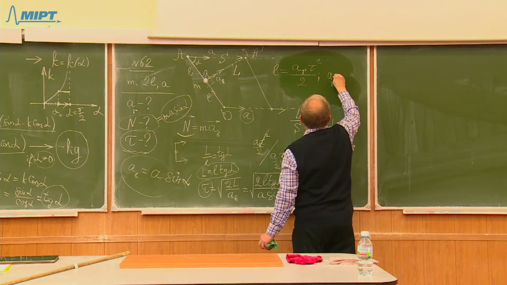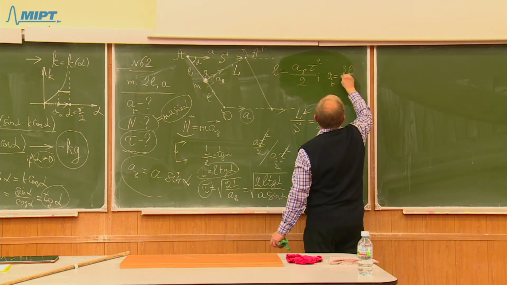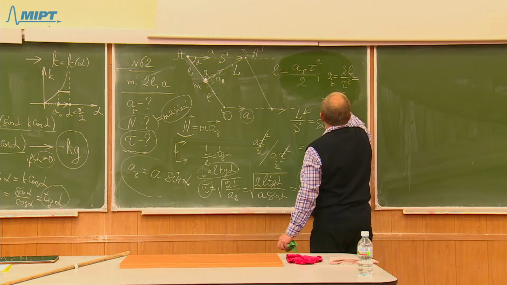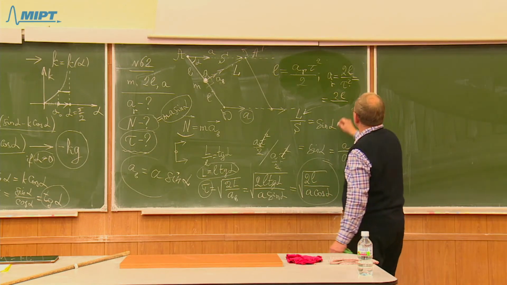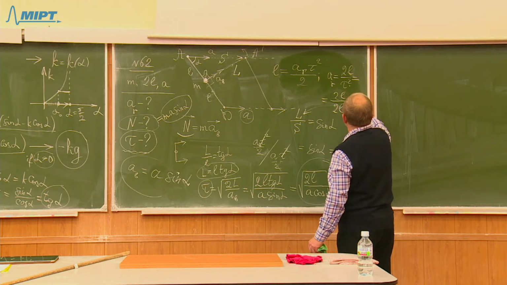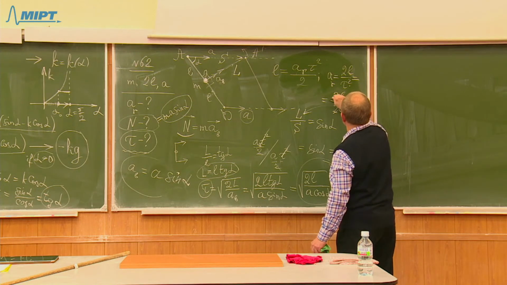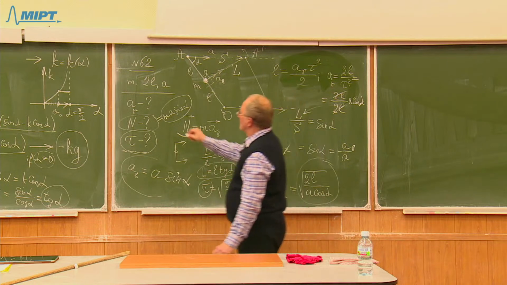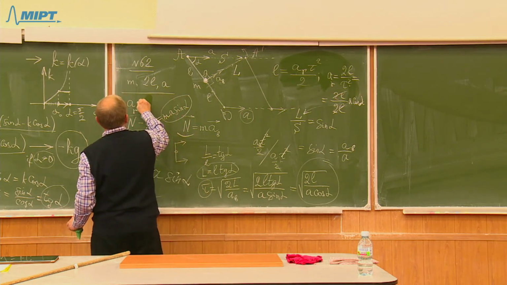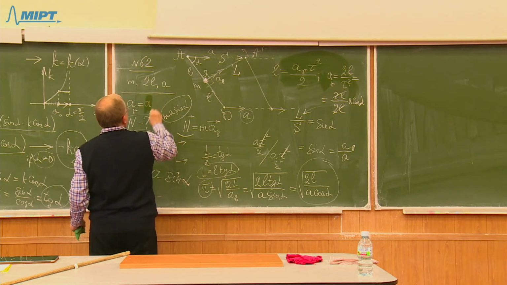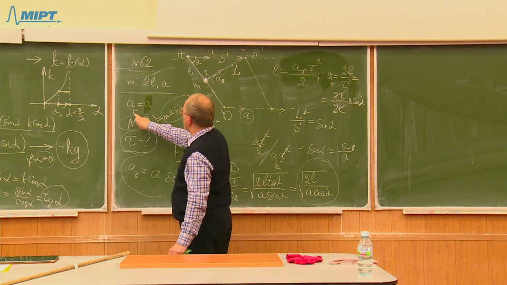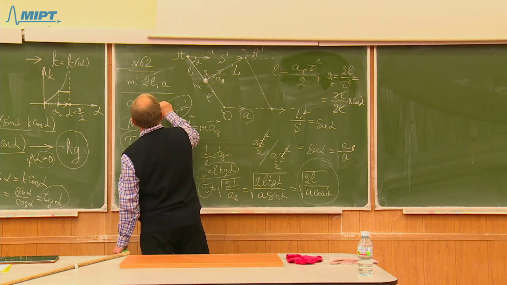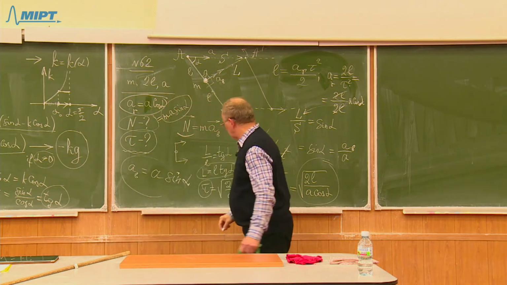So a_R can be found as 2l divided by tau squared, and tau squared is 2l over a cosine alpha. The 2l will cancel, and the acceleration of the bead relative to the rod will be equal to a, the acceleration of the rod, times cosine alpha.